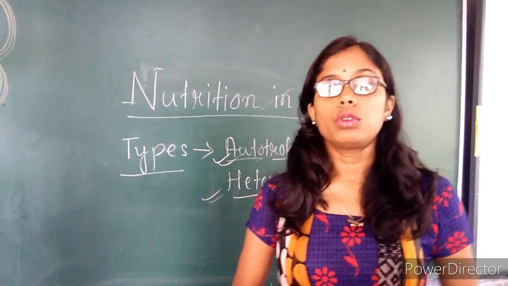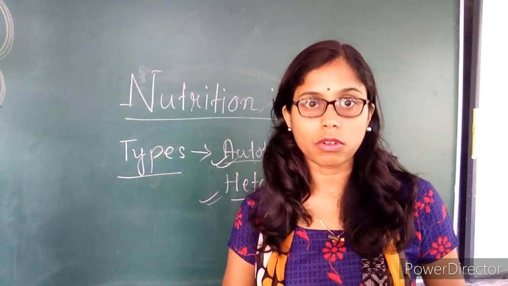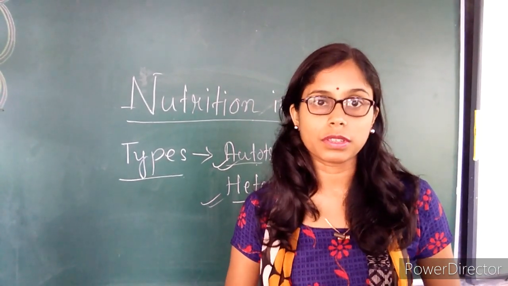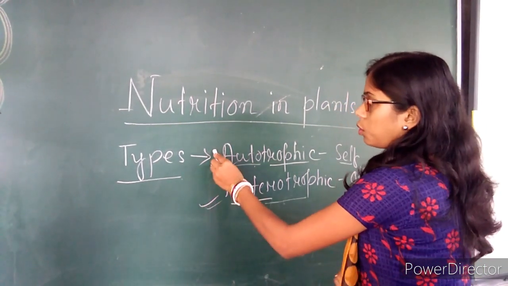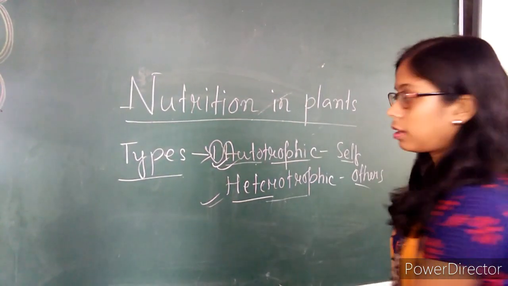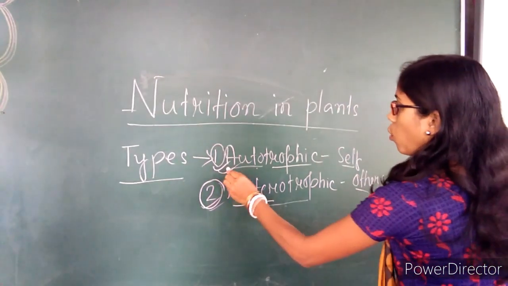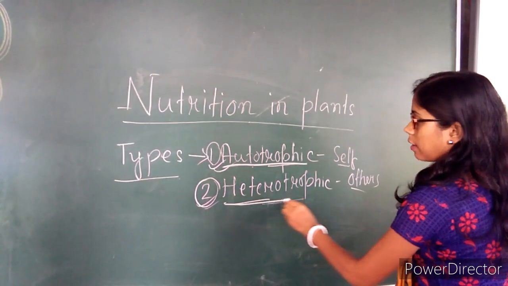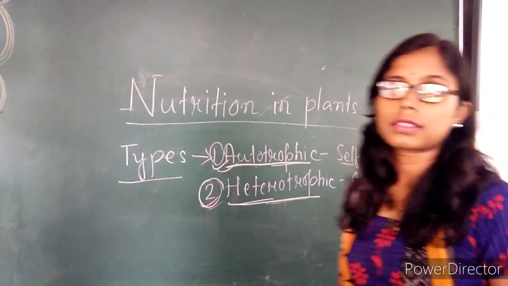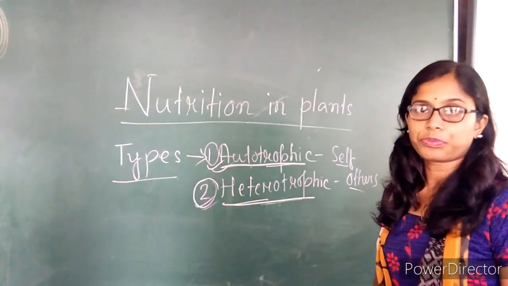Now let us know how many types of nutrition there are, or the different modes of nutrition. There are two types of nutrition. Number one, autotrophic, and second is heterotrophic. Now let us discuss what is autotrophic nutrition.